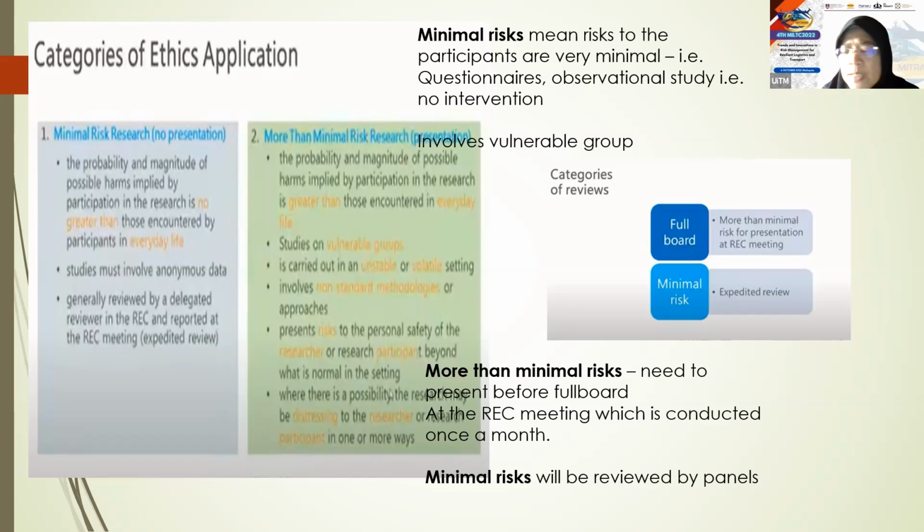If your study doesn't really involve humans at all and is totally secondary data, of course it will be a minimal risk. There can be some risk here and there, but it is of minimal risk.